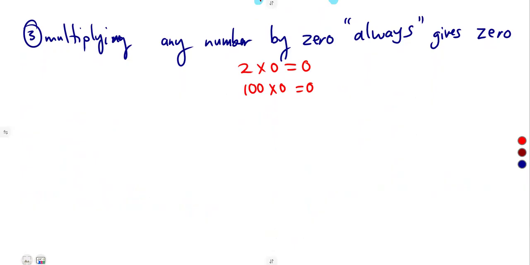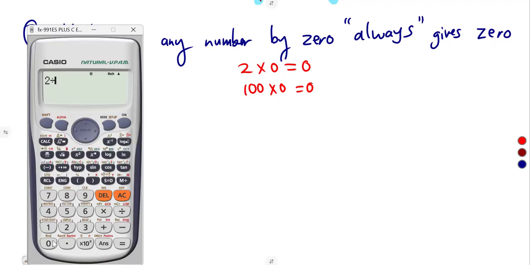Then, number 4, we want to consider division: any number divided by 0. If we take 2 divided by 0, it does not exist. 10 divided by 0 does not exist.